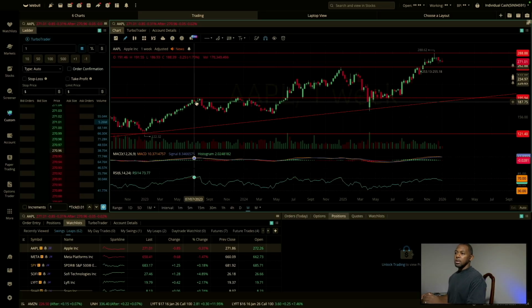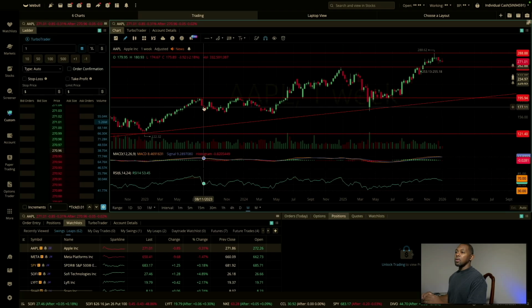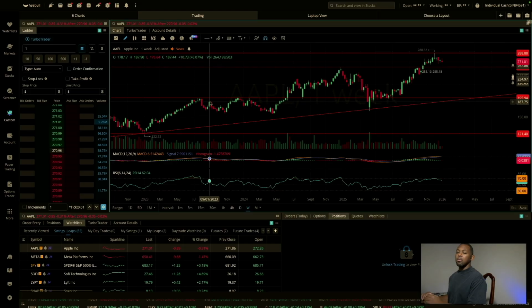Okay, so let's just say that we are looking at doing puts. If we get puts after this candle here and we get in right here, we can put our stop loss right here at this level. That way if we're in puts and it tries to push up here, we don't get stopped out.